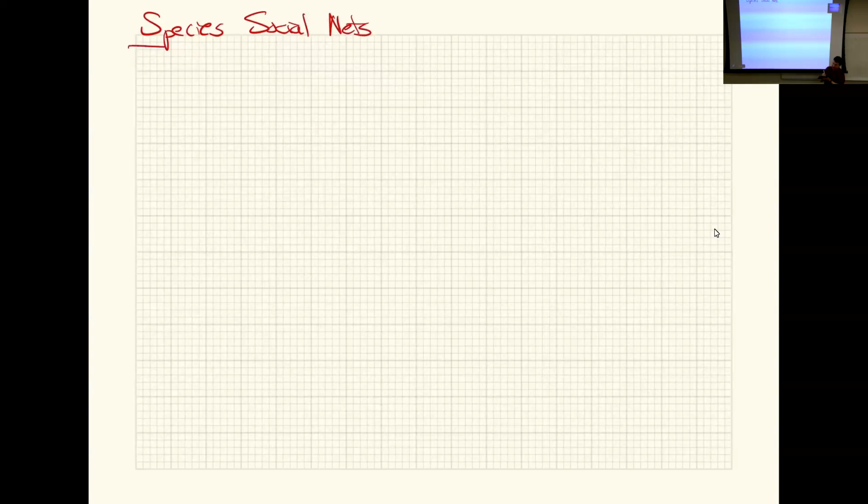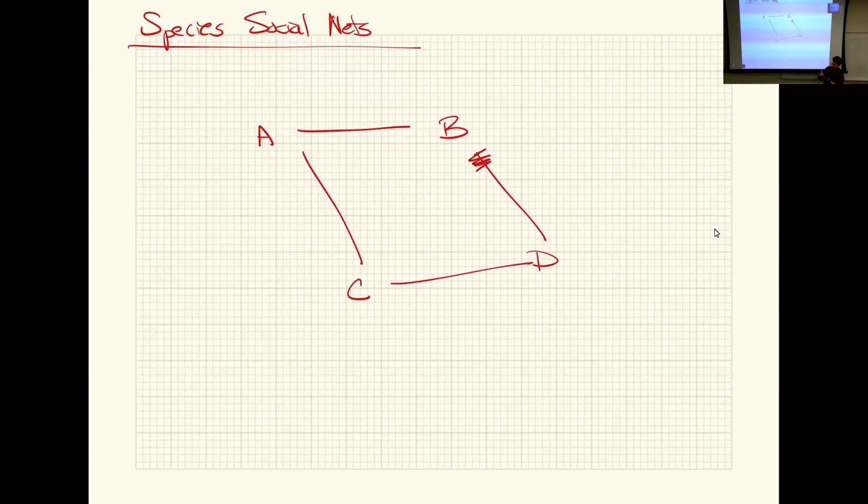And those basically would connect one species to another with links, which were actually what we refer to as weighted links.